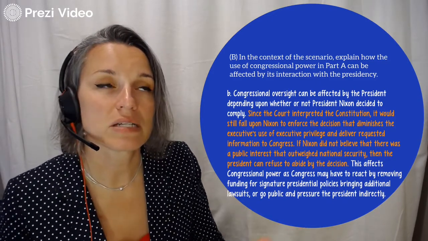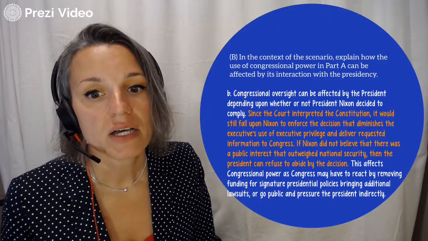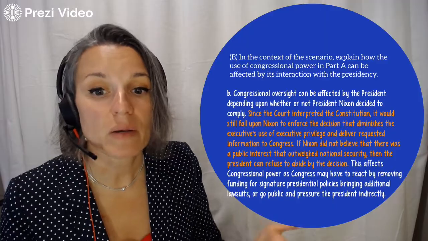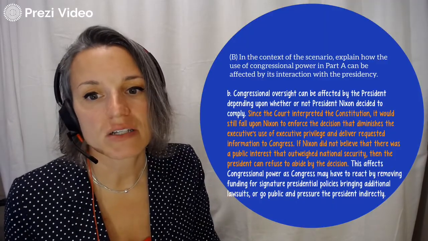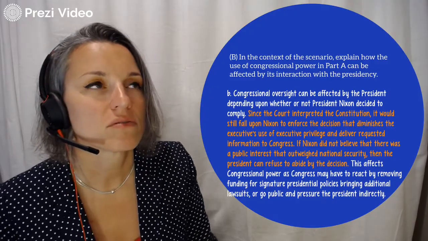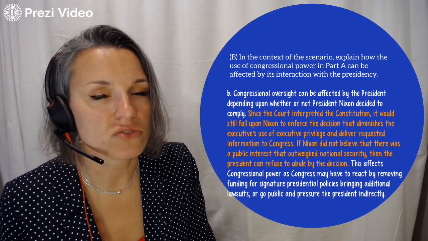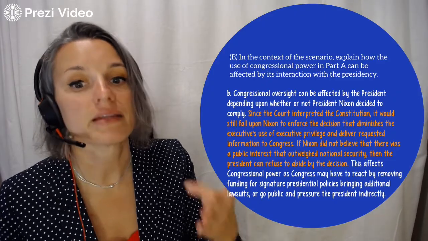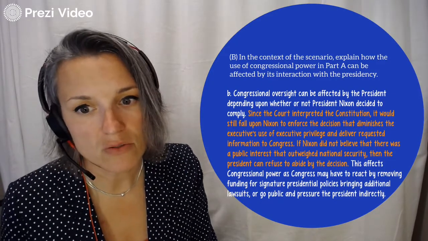If he looks around and says, public interest outweighs national security, yeah, I should comply. But if they feel as though, hey, it is in the national security interest to keep this out of Congress's hands, then yes, they can refuse. All right.